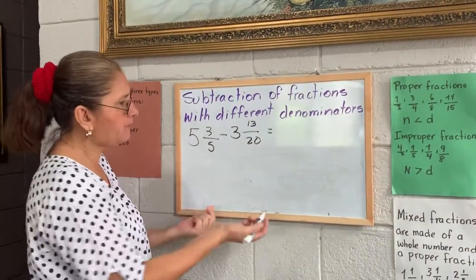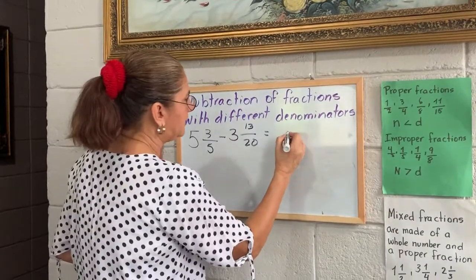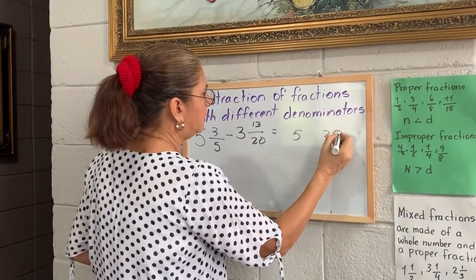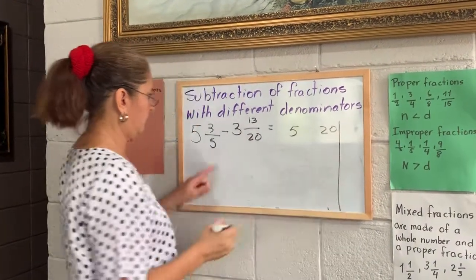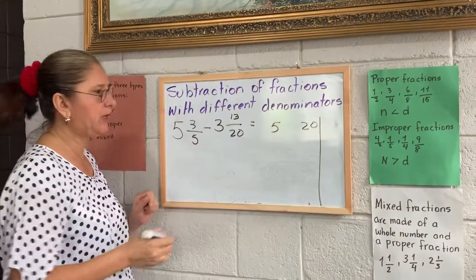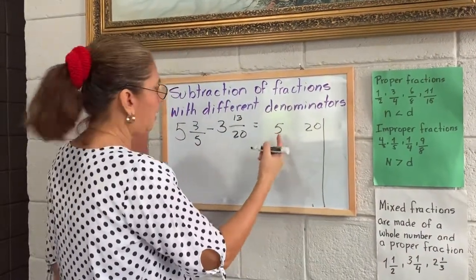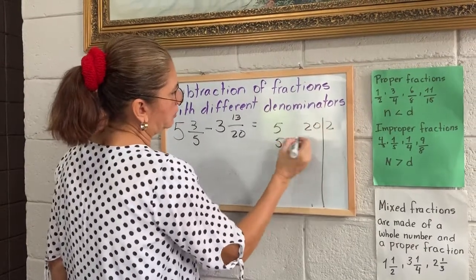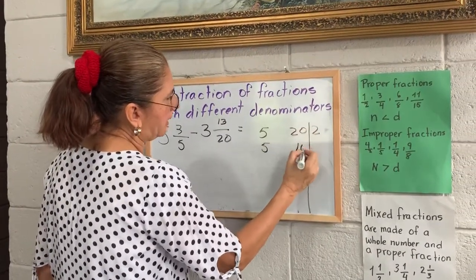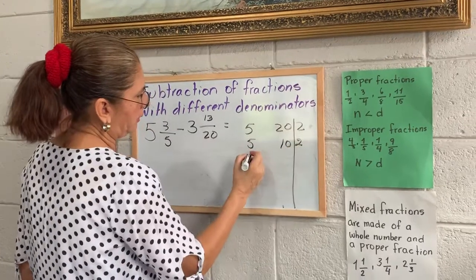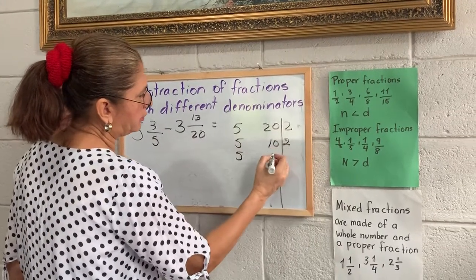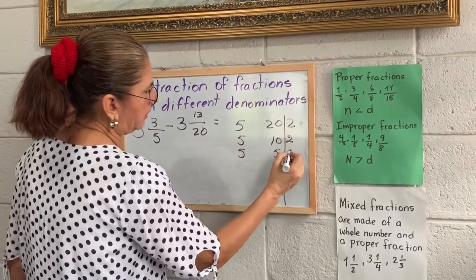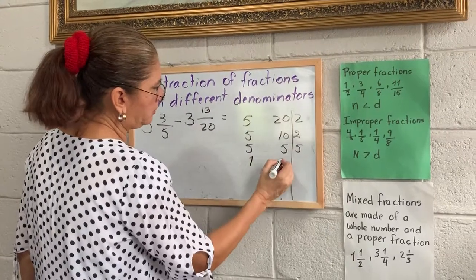What is the first step? Find the LCD of the denominators. 5 and 20 are the denominators. 2: 20 divided by 2 is 10. We continue. 5, 10 divided by 2 is 5. 5, 1, 1.